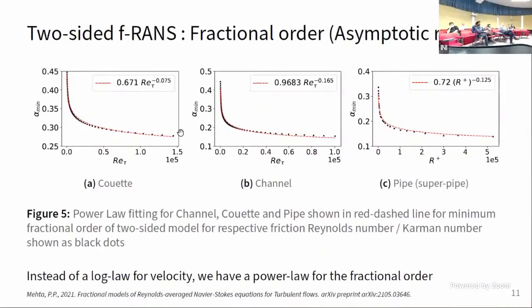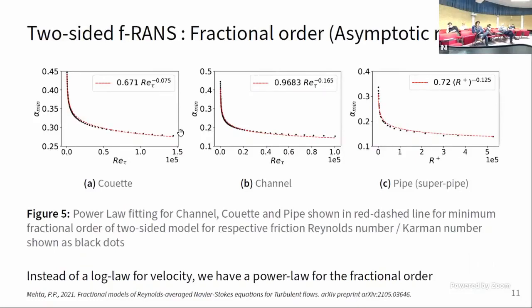So for the log region, I see a similar behavior, but the fractional order is in fact a power law, and all the arguments that I make for the velocity, I can also make for the two-sided fractional model: decomposing the wake, log region, power law region, viscous sublayer being universal, but in this case the buffer layer is almost universal for different types of flow.